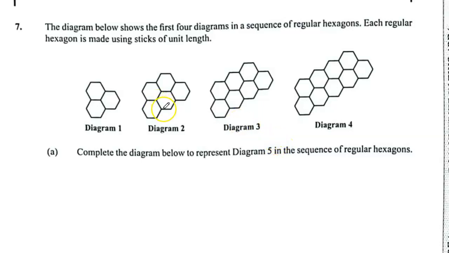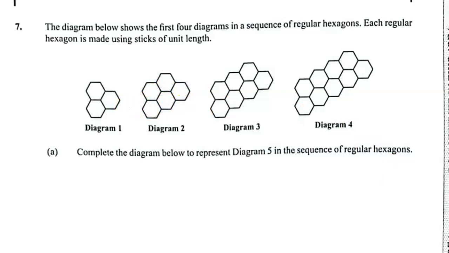So diagram 5, if you notice between diagrams, for example, diagram 1, we have 1 above, 2 below, and so on. It increased by 1, 2 above, 3 below, and so on. So the top is increasing by 1, likewise the bottom.